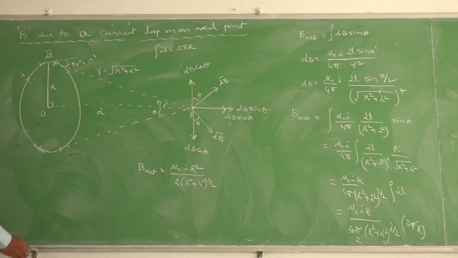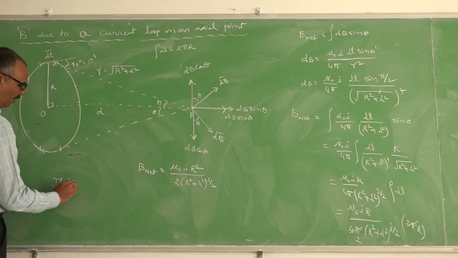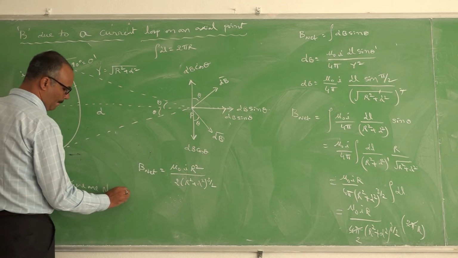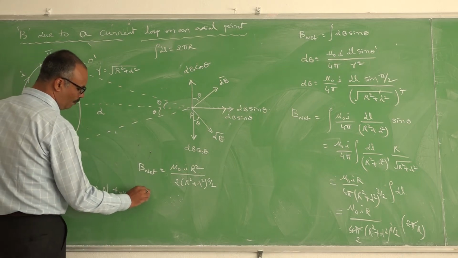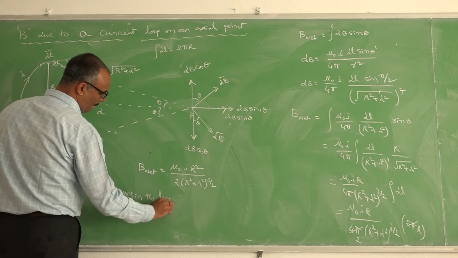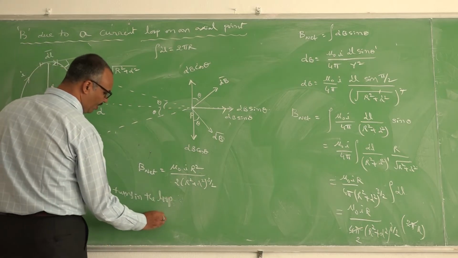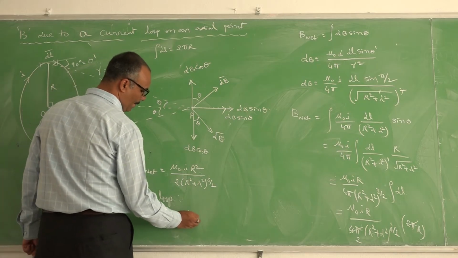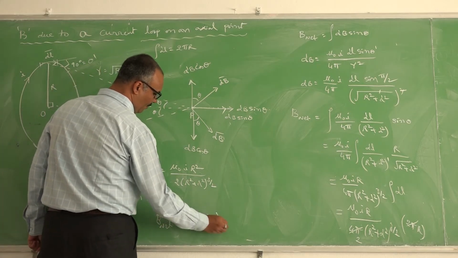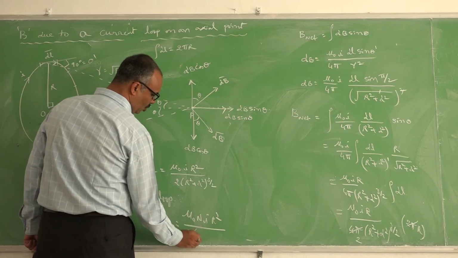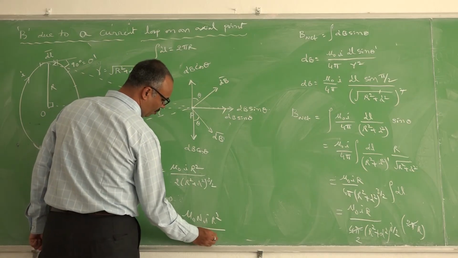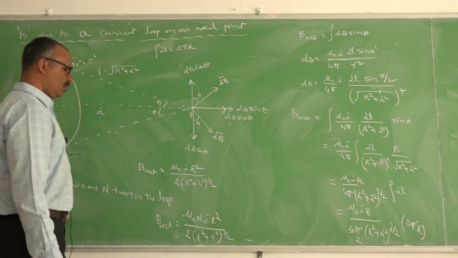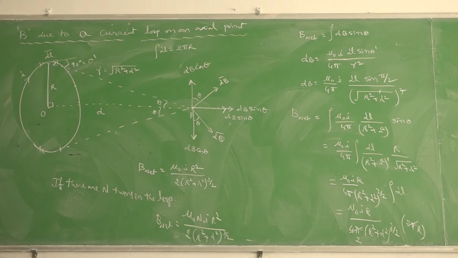So, if there are n turns in the loop, then the net magnetic field is given by mu naught N I r square by 2 into r square plus d square whole power 3 by 2.